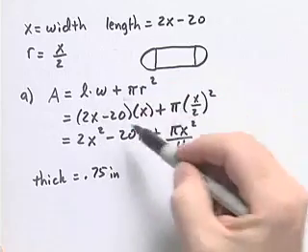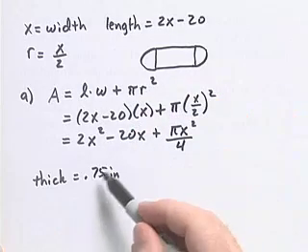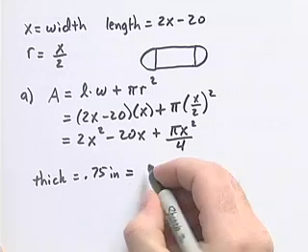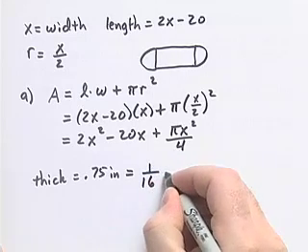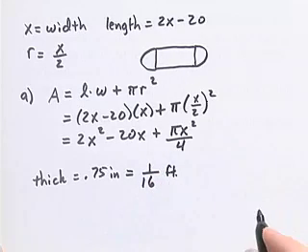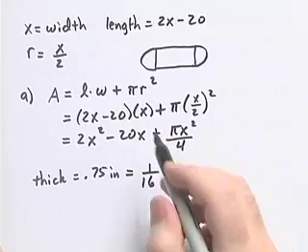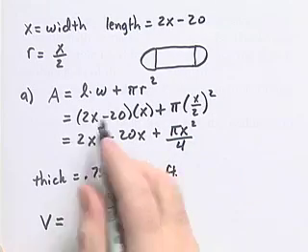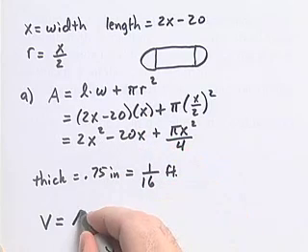Everything else we've done up here has been in feet, and here we have inches, so we need to make sure that we write this in terms of feet. And 0.75 inches works out to be 1/16 of a foot. So we have all the same units here. To get the volume, we just need to multiply the area by the thickness.